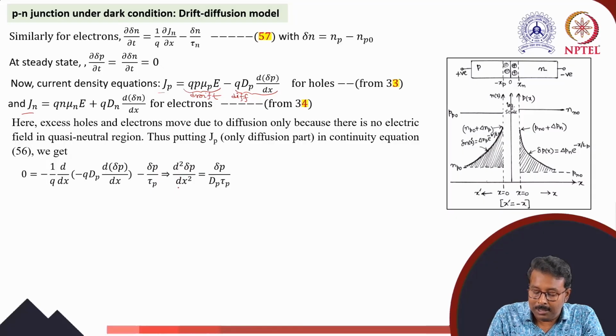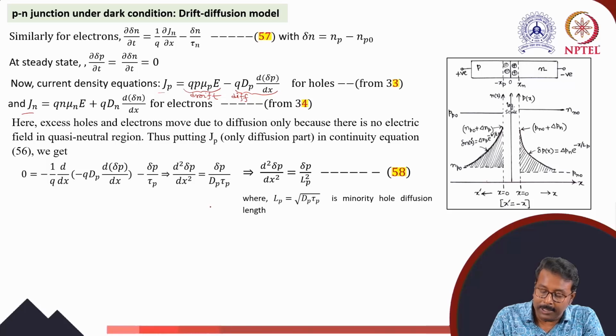This gives d square/dx square of delta p equal to delta p by Dp tau p. Also for electrons we can get it. Ultimately this gives you Lp square, because this product Dp tau p is nothing but Lp square, the diffusion length, already discussed in some earlier classes. This is called the minority hole diffusion length in the n side.